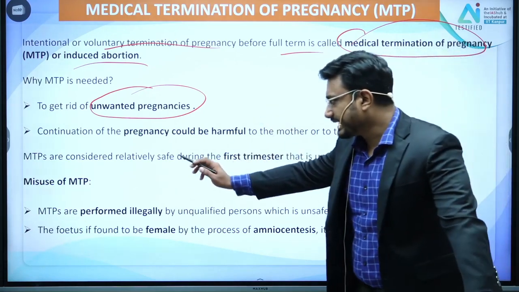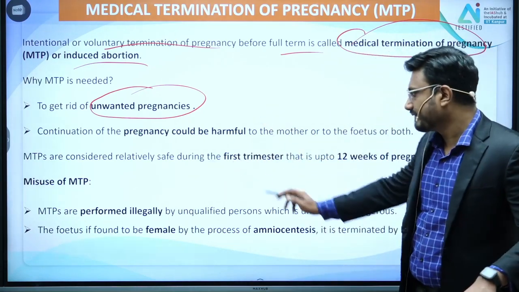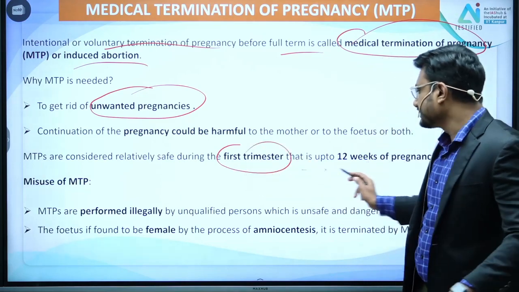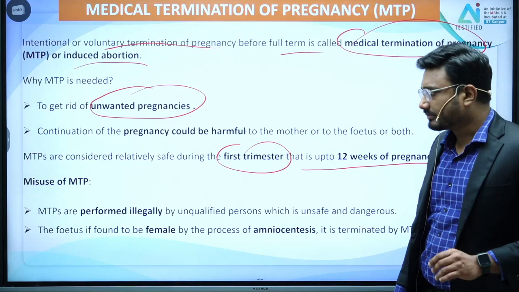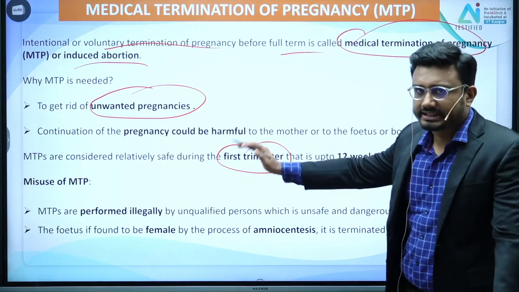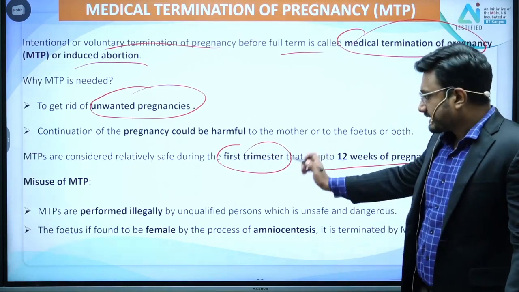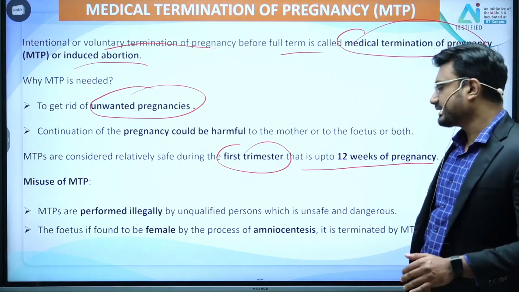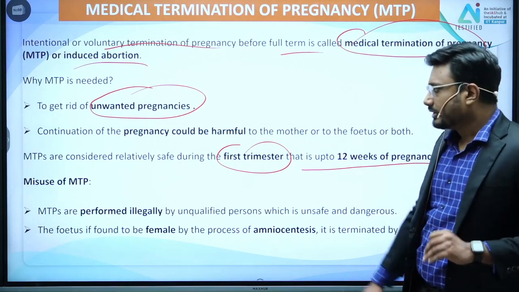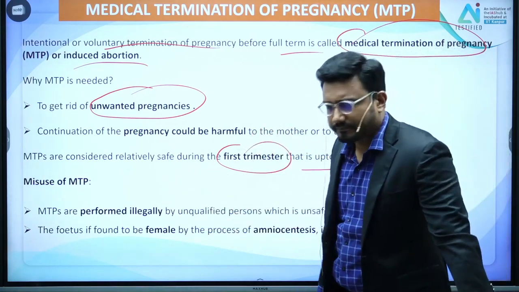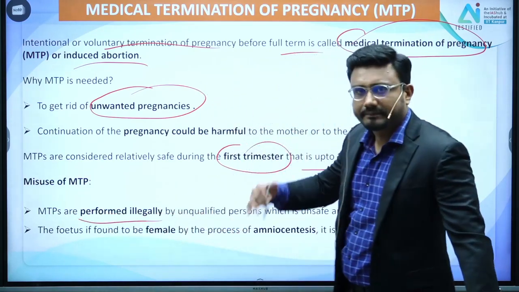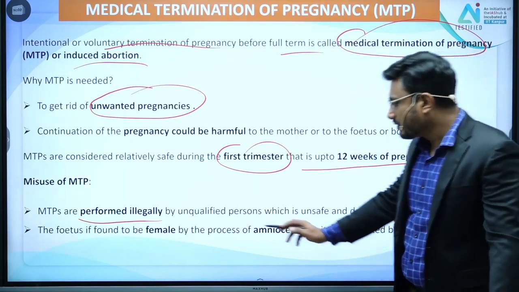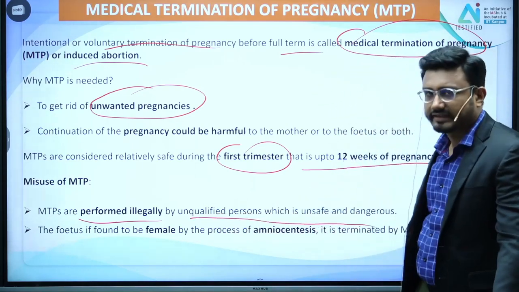MTPs are considered safe during the first trimester, that is up to 12 weeks of pregnancy. After that it can cause harm. There is also misuse of medical termination of pregnancy. It is being performed illegally by unqualified persons, which is unsafe and dangerous.